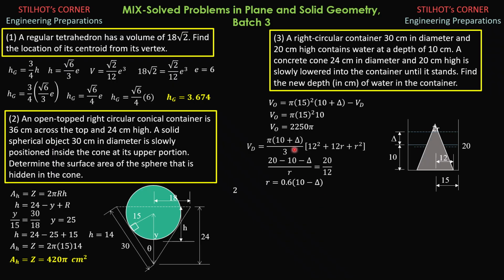Substitute into this formula with VO 2,250 pi equals pi 15 square times quantity 10 plus delta. This is the volume at these levels, which is copied here, minus volume displaced, which is volume of frustum of a cone, pi over 3, quantity 10 plus delta, the height, then quantity 12 square, which is 144, plus 12 times r, 0.6 quantity 10 minus delta, plus 0.6 square, r square, so 0.6 square, quantity 10 minus delta square.